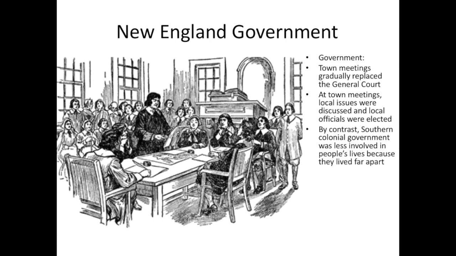On the other side, if you go back down to the southern government, you're going to have a lot less people being involved in government because literally people live far apart. Unless you had lived in Jamestown or one of the coastal towns, you're living pretty far apart, pretty spread out. And even if you wanted to meet with other people in your colony to make government decisions, it would have been a really big hassle to leave your small farm to go meet and make government decisions.